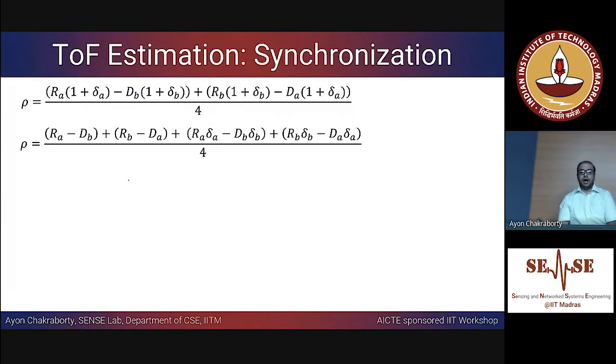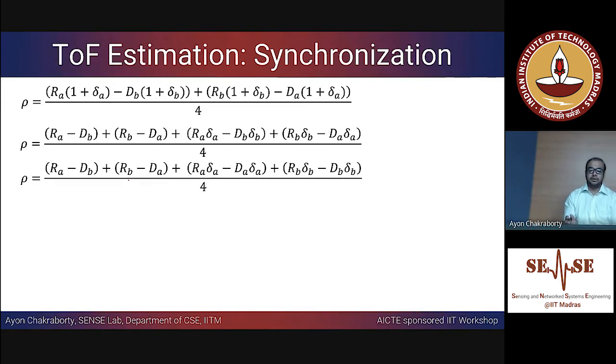Okay, so now again the same algebra we have to do. Just concentrate on the main part, where we are really interested in correcting for the clock drifts. So keep arranging like the previous time. This part is clear, this part is clear. RA delta A, we have grouped together like the previous time.